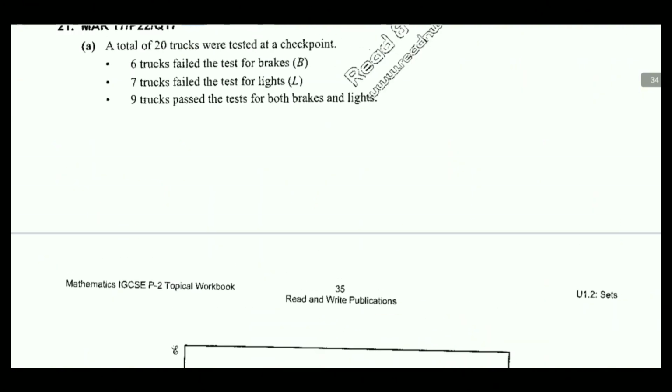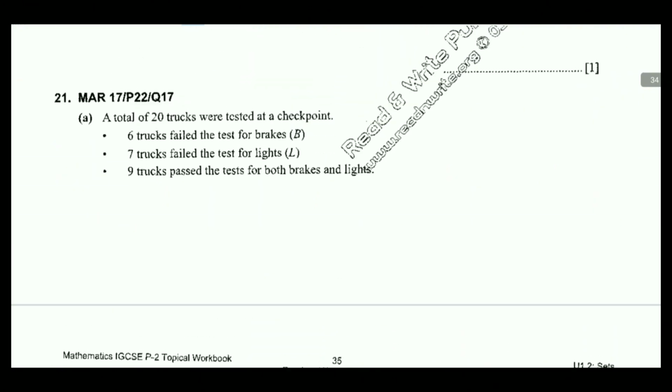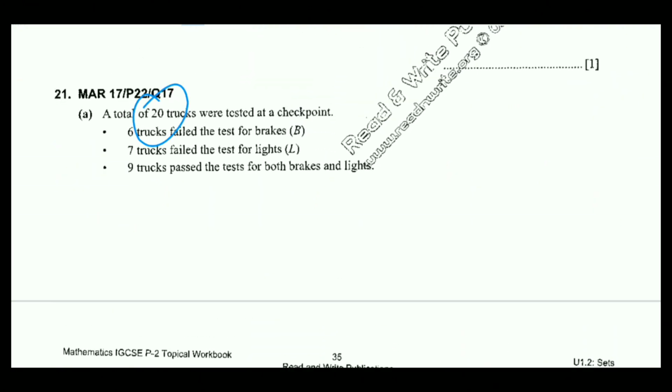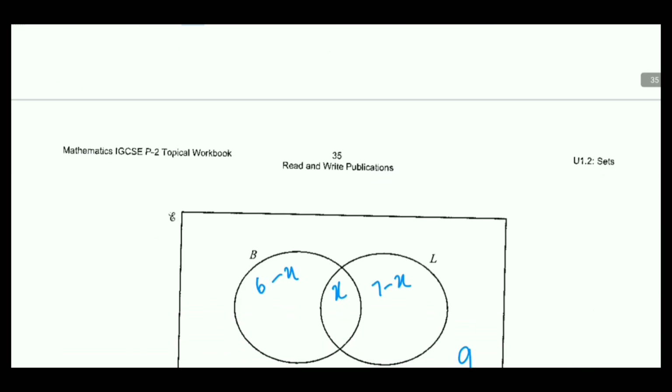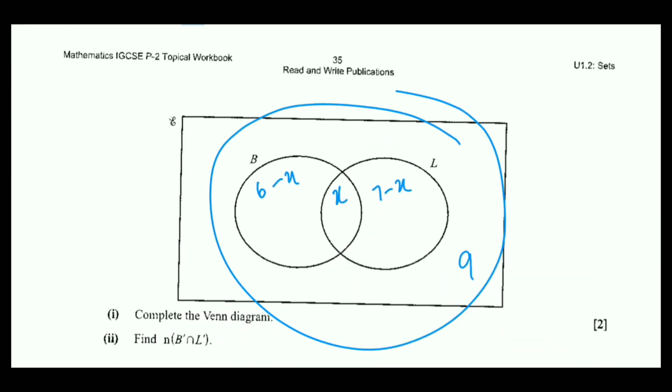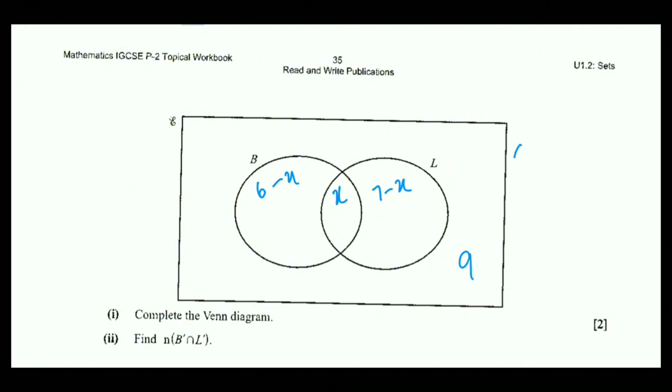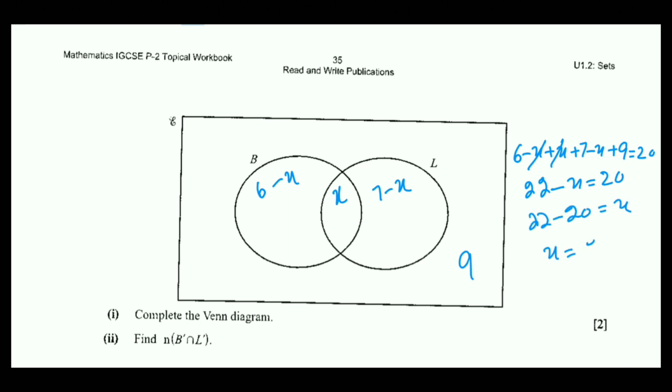So how to find x? The total trucks are 20, it is given. So it means the sum of this whole figure should be 20. 6 minus x plus 7 minus x plus 9 is equal to 20. 22 minus x is equal to 20. 22 minus 20 is equal to x. x is equal to 2.